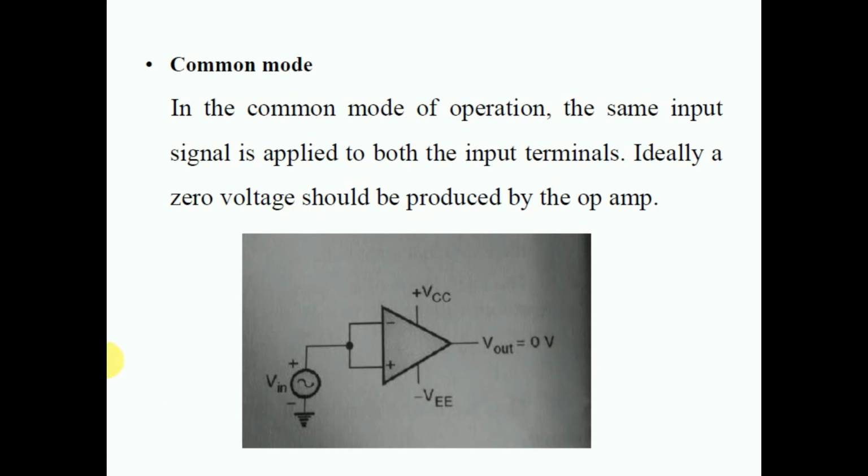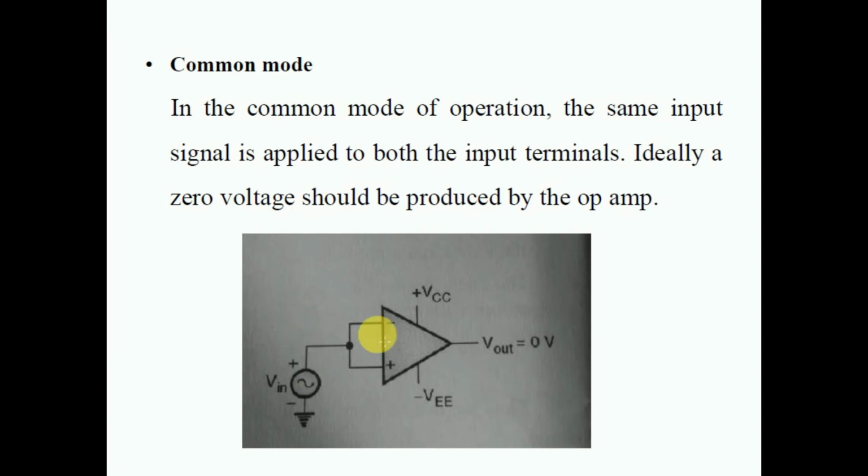After that, you can see the common mode. Now what do we exactly mean? Both the signals are provided with the common input, and that is called the common mode signal, or common mode amplification mode. Zero voltage should be produced by the op amp at the output terminals if we apply the same input at these terminals.